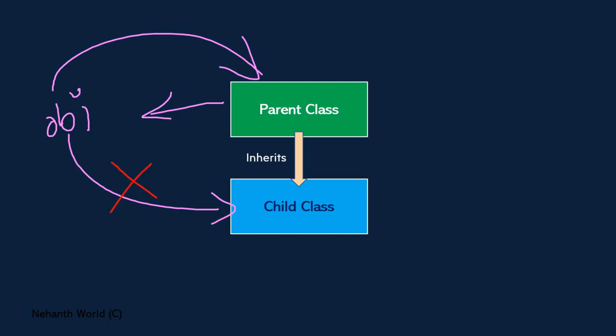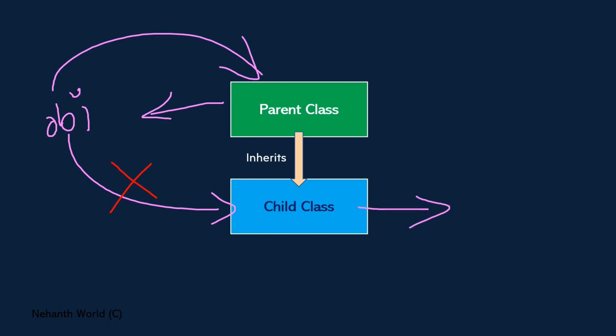That's rule number 2. If you want to access the parent class members with the parent class object, you can, but if you want to access the child class members with the parent class object, you cannot.